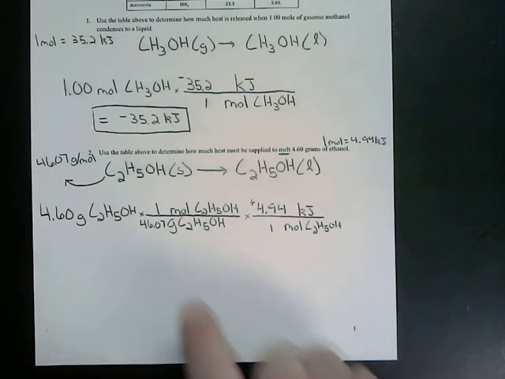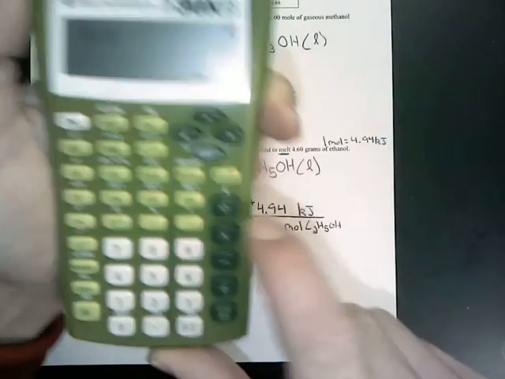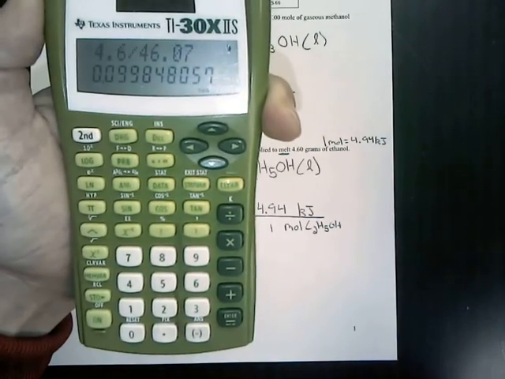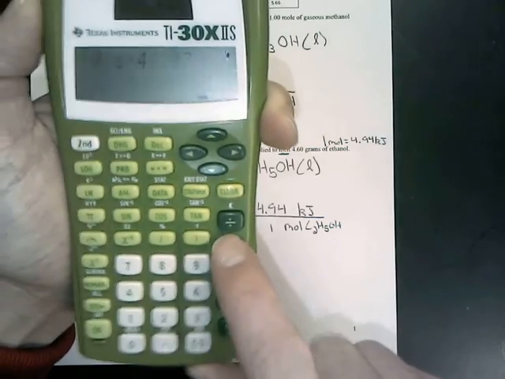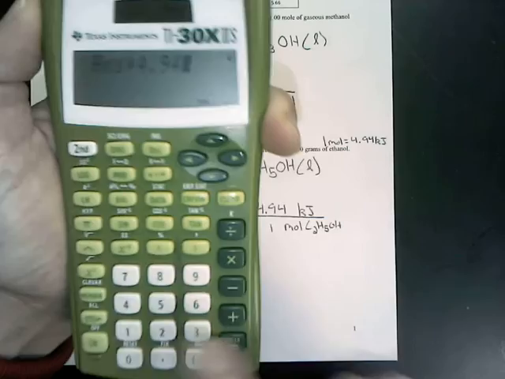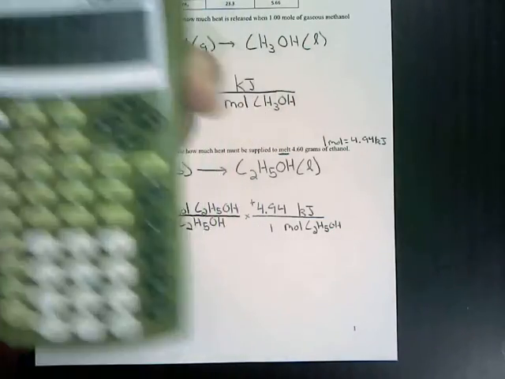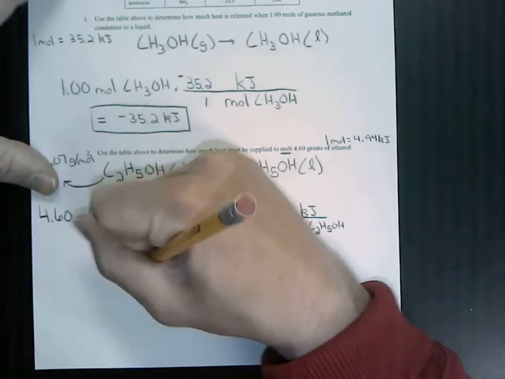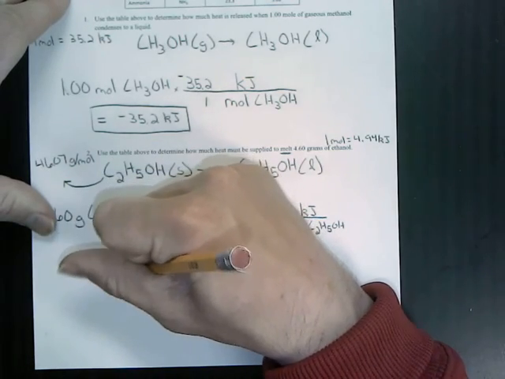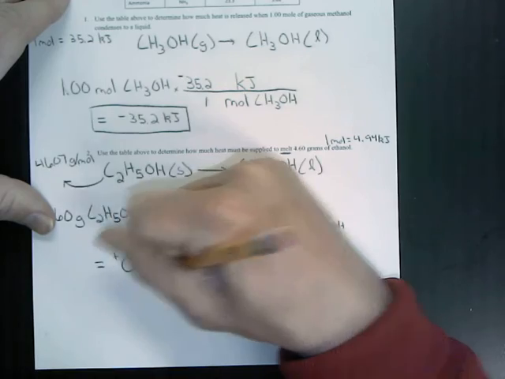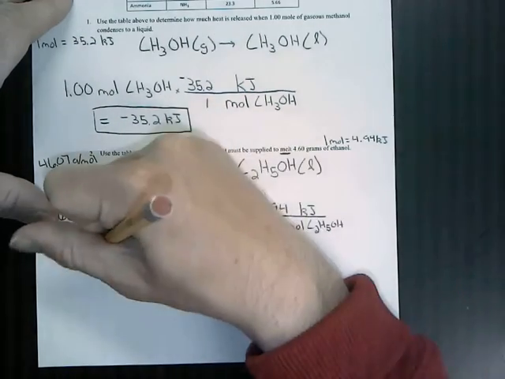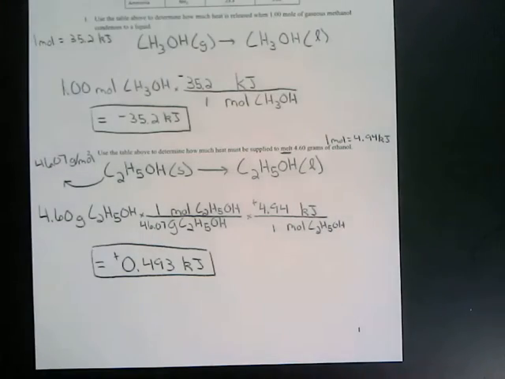So we take 4.6 divided by 46.07, press enter, then take that number and multiply it by 4.94, and press enter. The amount of heat that is needed is a positive 0.493 kilojoules of heat, and that would allow us to melt our 4.60 grams of ethanol.